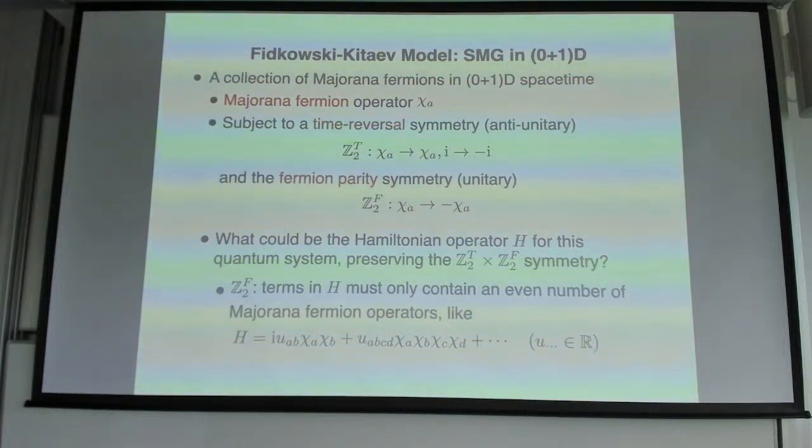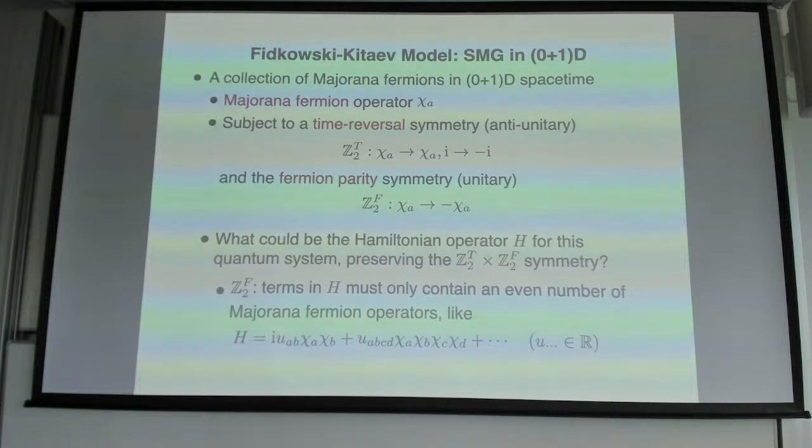And then we just want to consider a system made of these Majorana operators, and the system is also subject to some symmetries. The two very important symmetries that we want to impose on this system: the first one is a time reversal symmetry. Don't worry about this name of time reversal.